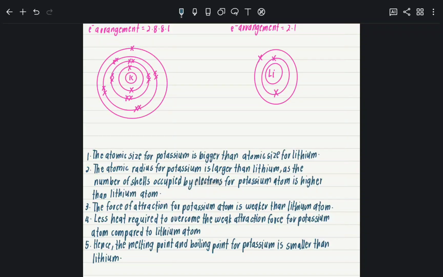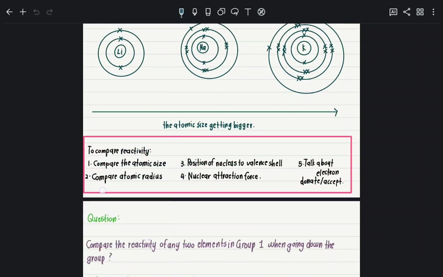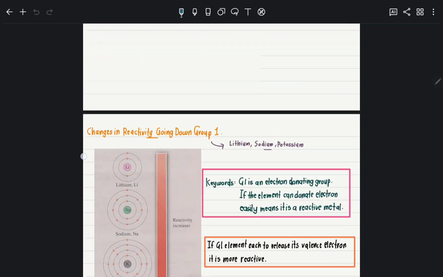You boleh add that benda if you want. If you want to make the same answer scheme, tak ada masalah pun. Okay, because the point is just lebih kurang je ini dengan changes in the reactivity punya answers. Yeah, you can see. Lebih kurang je. Then final sentence you bagi tahu lah which one easier to donate semua-semua tu.